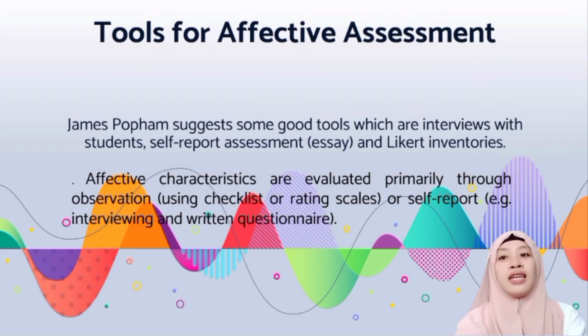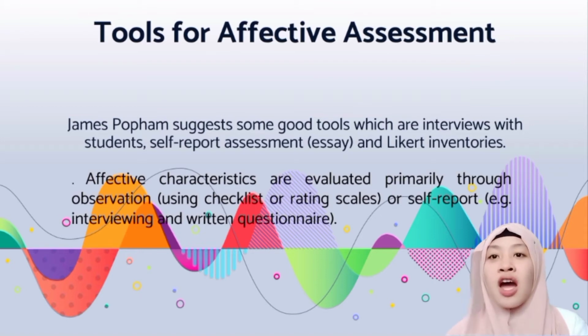Once it is decided that it is desirable for affective outcomes to be measured, the next step is for the teacher to devise situations and techniques which will make it possible for learners to demonstrate the desired affective behavior he intends to measure. So, affective characteristics are evaluated primarily through observation or using checklists or rating scales, and self-report or interviewing and written questionnaire.